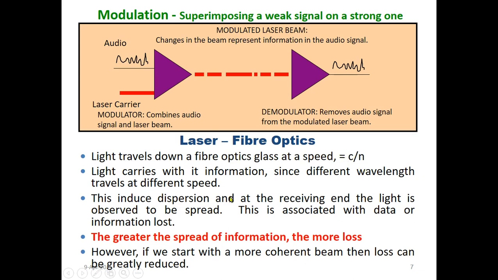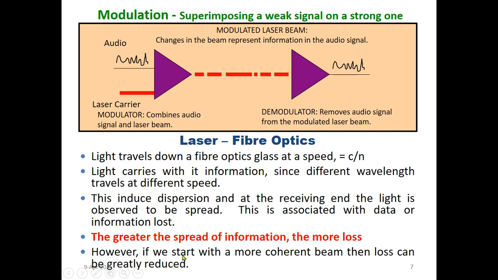So whenever light travels in a medium, its speed becomes lesser. In that case, the light carries information. Since different wavelengths travel at different speeds, there will be dispersion, and at the receiving end the light is observed to be spread. This is associated with data or information loss, because the light is diverging and dispersing, and as the dispersion is greater the information loss becomes higher.